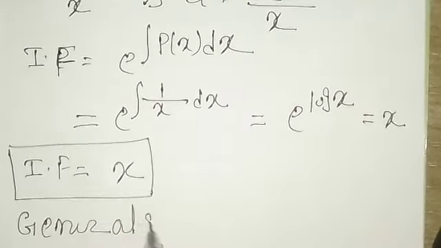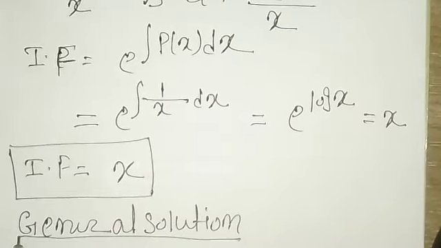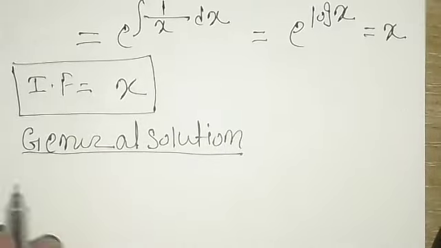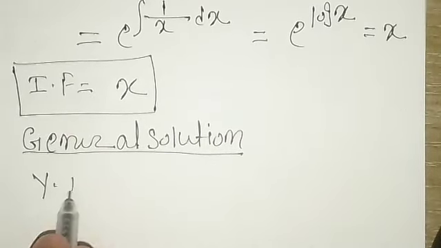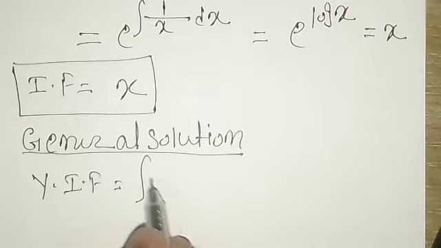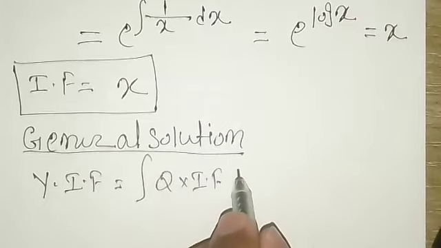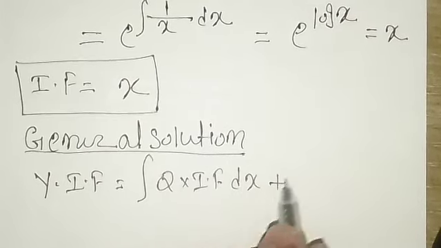Then we can write down the general solution of the given equation. The general solution is y into the integrating factor equal to the integration of q into the integrating factor dx plus c.